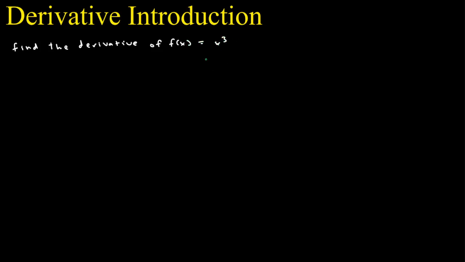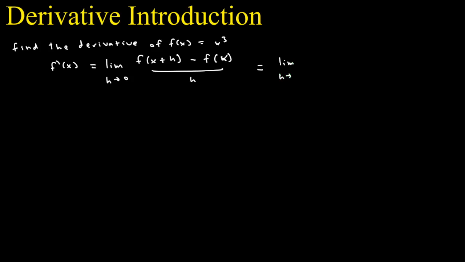So recall from earlier we defined that the derivative of a function at point x, f prime of x, is equal to the limit as h tends to 0 of f of x plus h minus f of x, divided by h, right? Now if we plug in what we have from this function, f of x is x cubed, right? So that would just become the limit as h tends to 0 of x plus h cubed minus x cubed, divided by h.